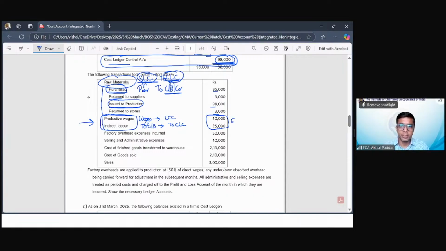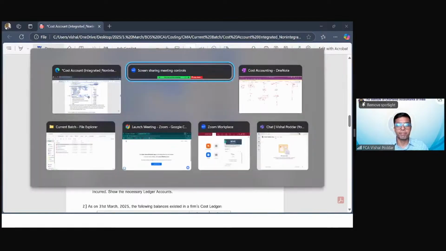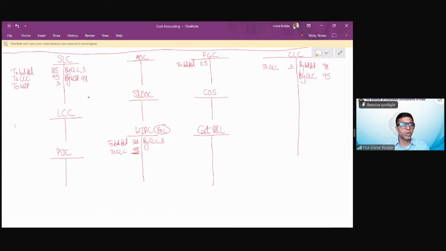So the total is 65. So my entry firstly for making payment of wages is labor debit and the cash bank credit, that is the CLC account. So it is to CLC 65 by labor cost control 65. This is for making payment of wages.